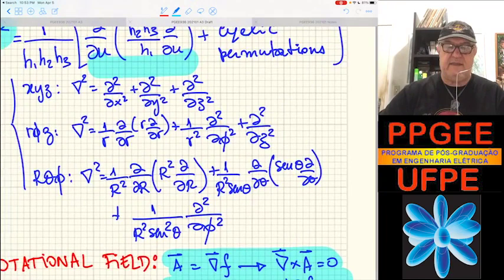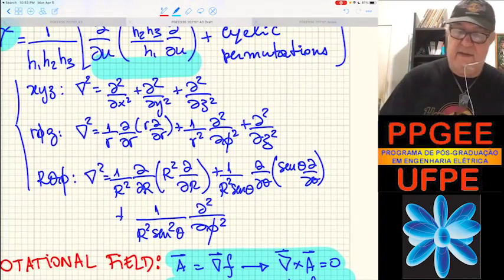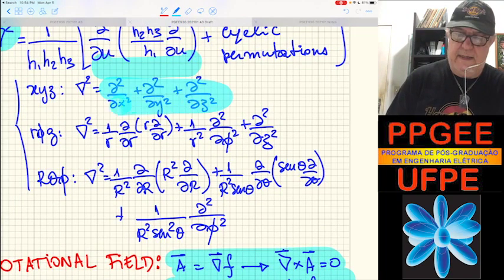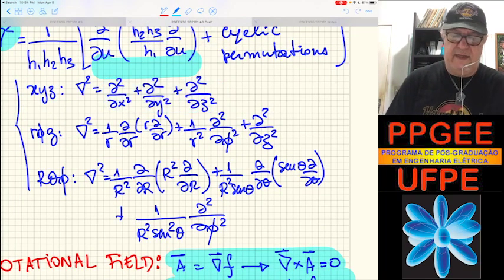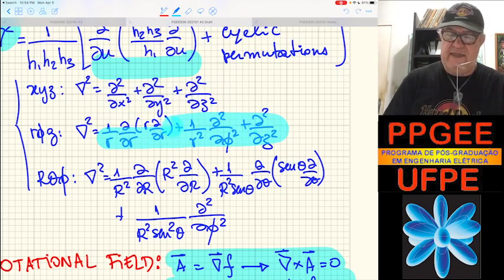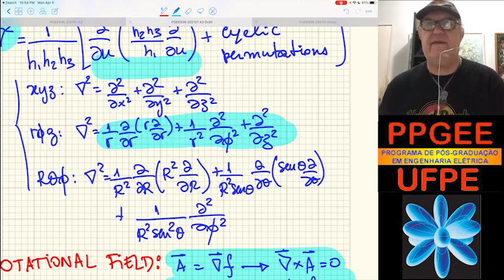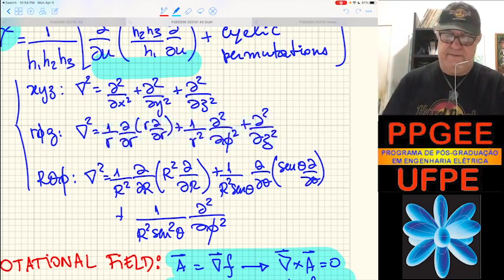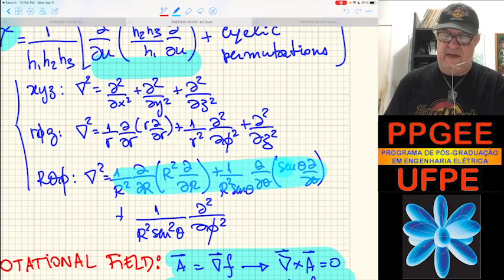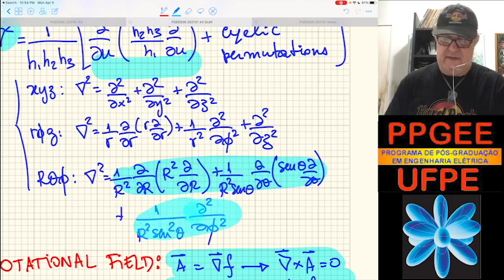As shown in this screen here. Okay, I have that in Cartesian components, in cylindrical. You always have a second derivative term, right? And more complicated one in spherical coordinates.